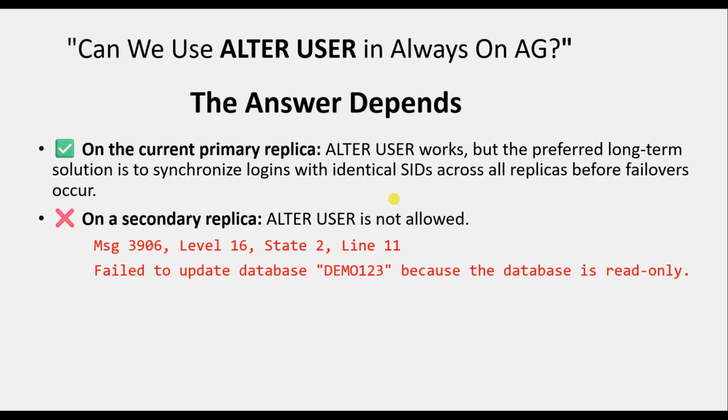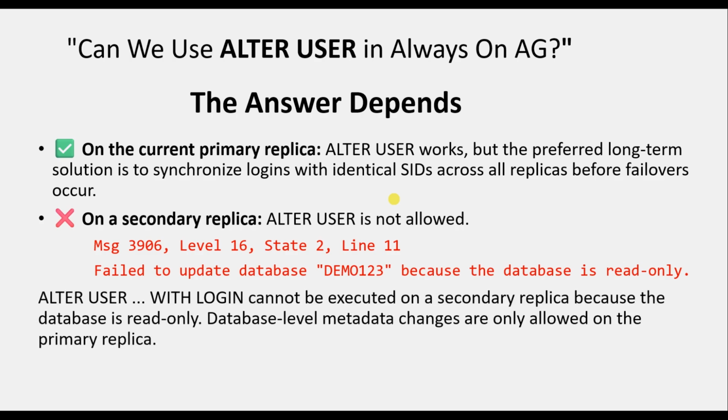Even if you try, you will get the error: failed to update the database because the database is read-only. ALTER USER with LOGIN cannot be executed on a secondary replica because no metadata level changes are allowed there.